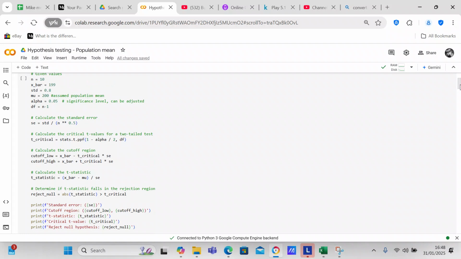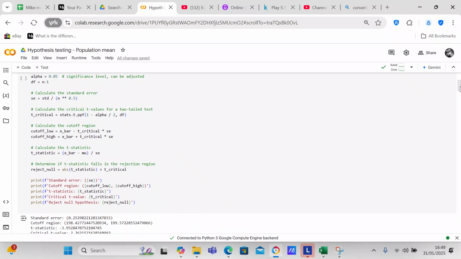X bar is your sample mean. It's going to be 199. STD is 0.8, that's your standard deviation. Mu is your population mean, so it's going to be 200. Alpha is your significance level, and it's 0.05. Degree of freedom is going to be 9 because it's going to be 10 minus 1.